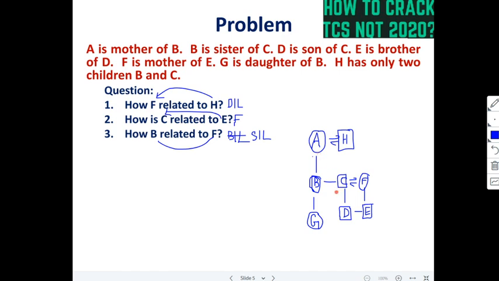A single horizontal line shows brother or sister, in the same generation. So that is all. If we are really clear in drawing this chart, then we can easily find out the relationship. Any kind of complex relationship can easily be explored out of this.